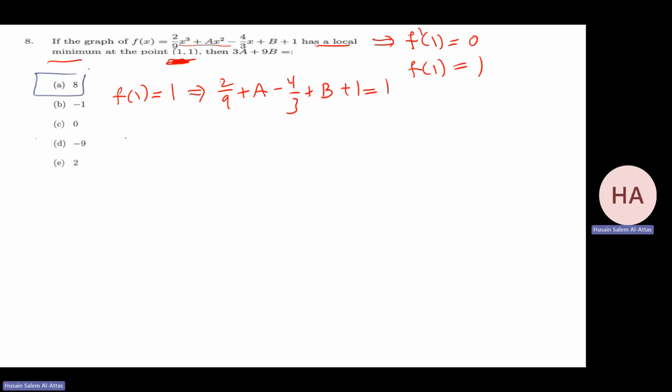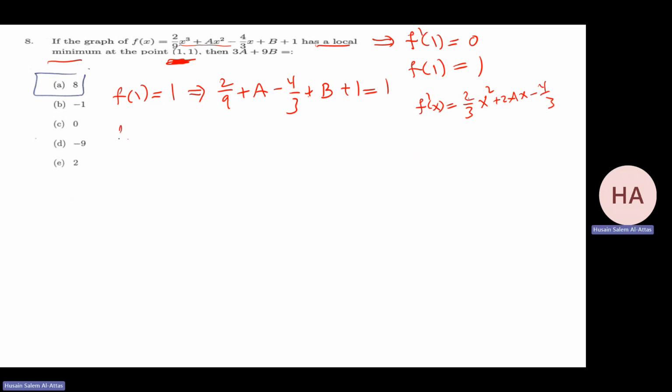Okay, second one, now we'll find f prime. What will be f prime at x? F prime at x will be 6 over 9, which is 2 over 3, x squared, plus 2ax minus 4 over 3.